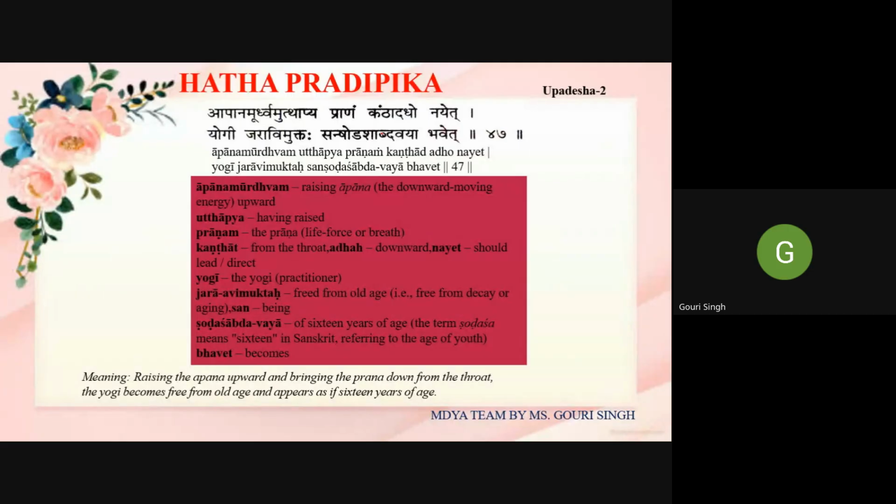Now, when we are keeping a lock in the Jalandhara area, means in your throat area, and we are applying the contraction in the Moola bandha, and we are also applying the Uddiyana bandha, so there are three locks in the body. So what happens? The Apana vayu, which is present in the perineum area, and the Prana vayu, which is present in the heart region, they both move in opposite directions.